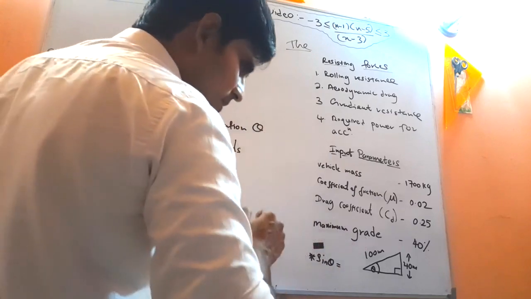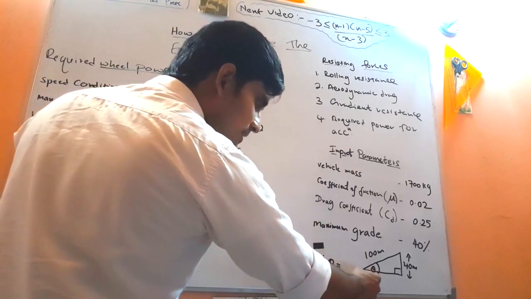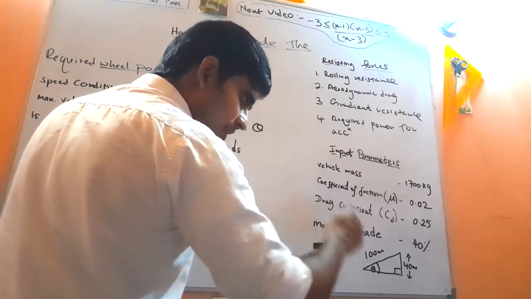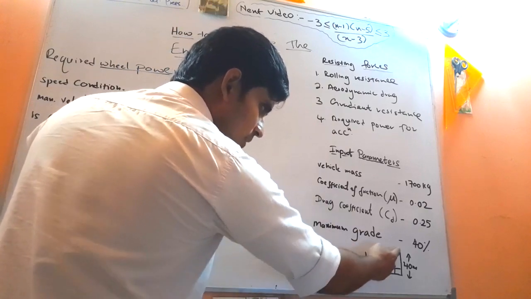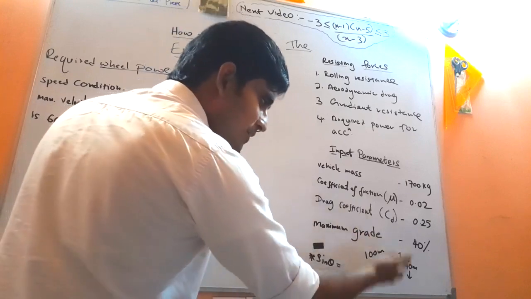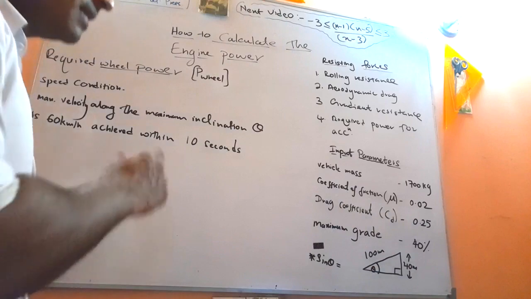That means if you consider an inclined road where the inclination is theta, and you travel 100 meters along this road, you will ultimately reach a height of 40 meters. That is the meaning of maximum grade.